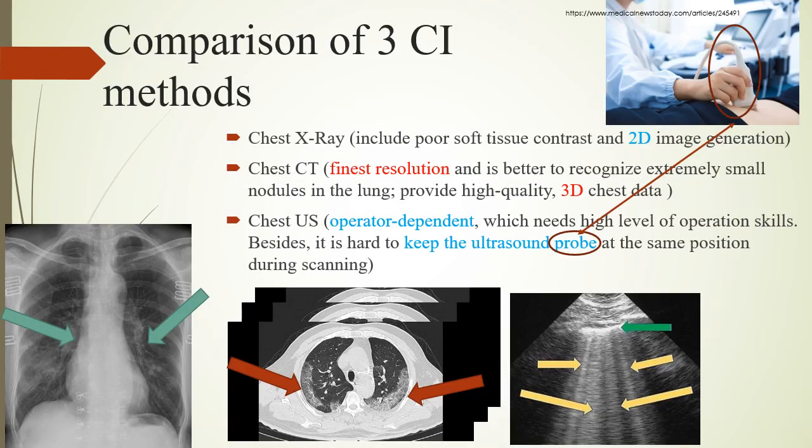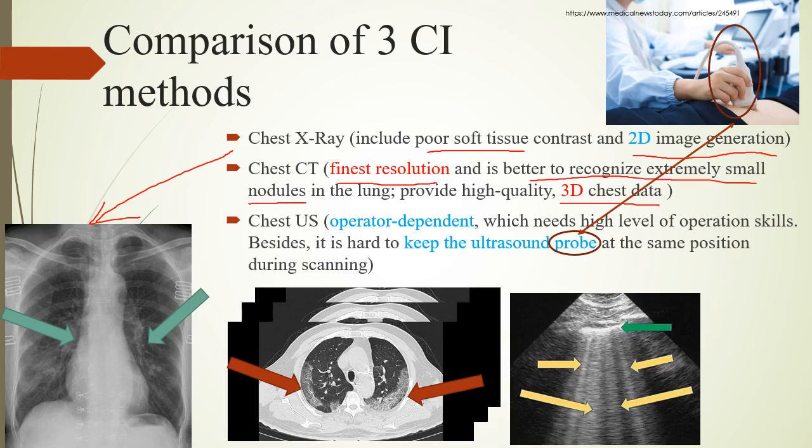The comparison of the three imaging methods is listed here. For chest X-rays, the disadvantage is poor soft tissue contrast, and the chest X-ray can only generate 2D images. The chest CT is much better. It can provide 3D chest data, and particularly it has the finest resolution, and it is better at recognizing extremely small nodules.